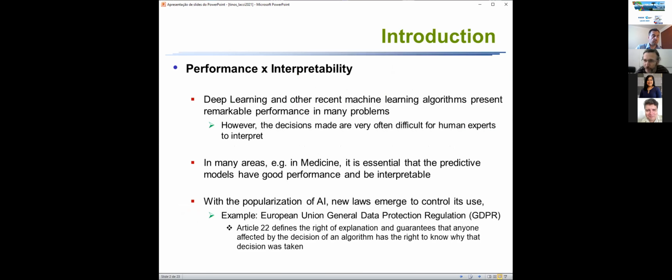Today, we have very good machine learning models that present very good performance in many problems. For example, deep learning in image classification. However, the decisions made by these algorithms are sometimes difficult for humans to interpret.